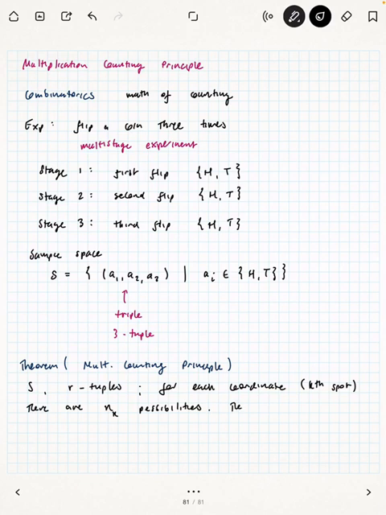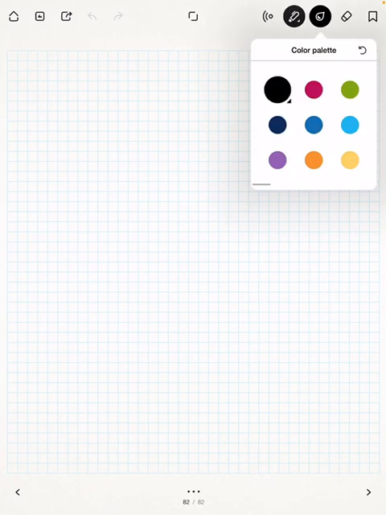Then the size of S would be n1 times n2 times ... times n r. Okay? So in terms of this example, S is composed of all these different sequences of 3.